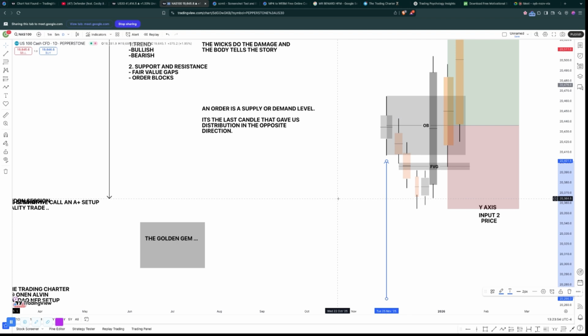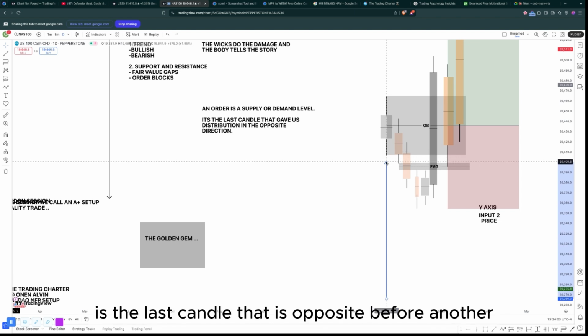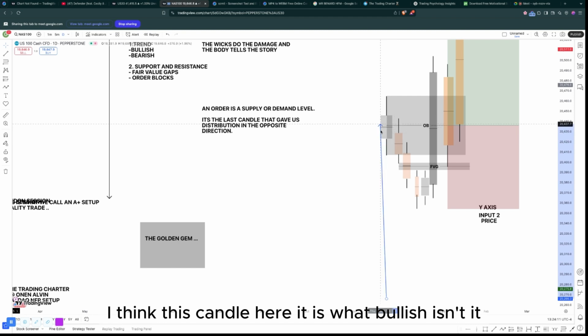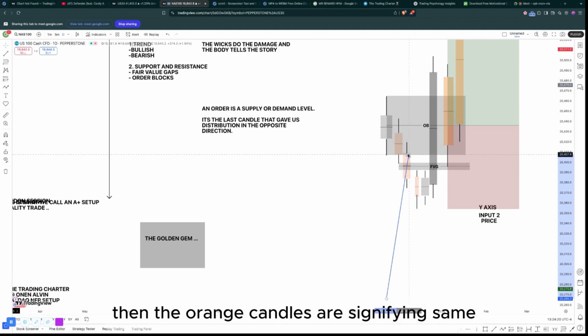I've said an order block is the last candle that is opposite before another. Okay, this is it. I think this candle here, it is what? Bullish, isn't it? This candle is signifying buying. Then the orange candles are signifying selling.